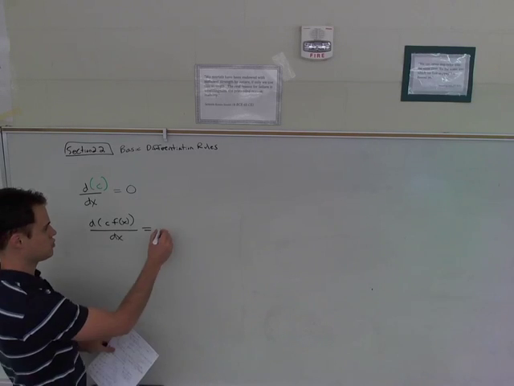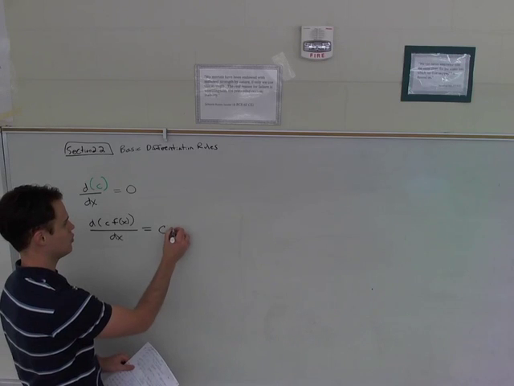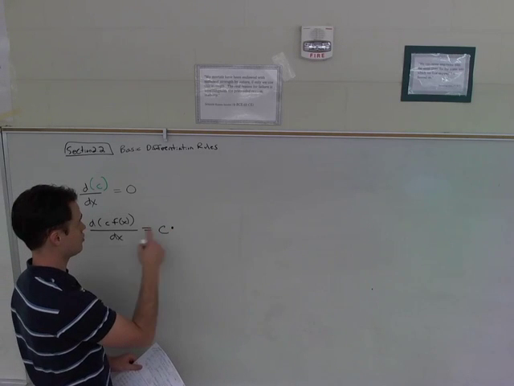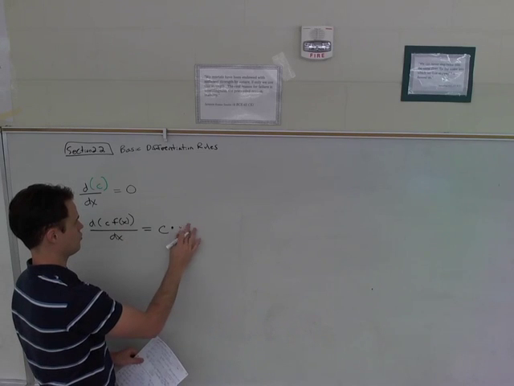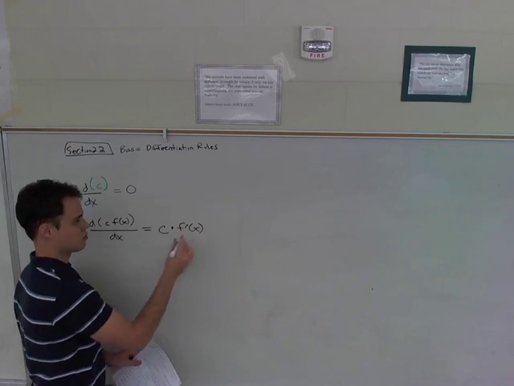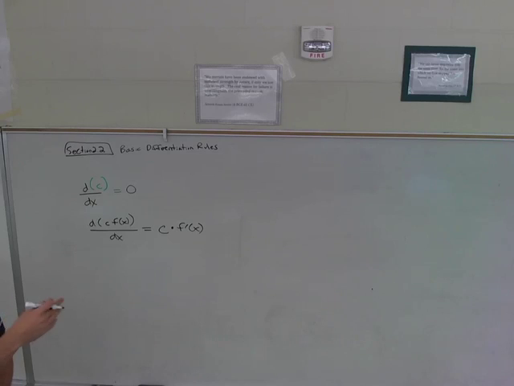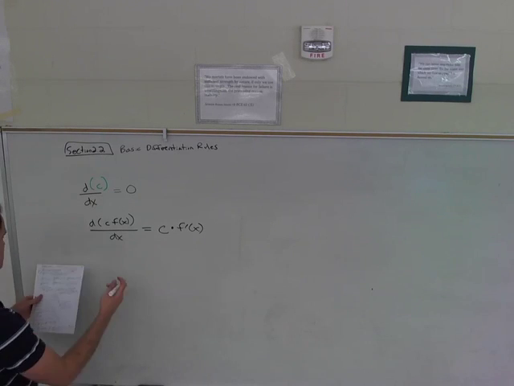You pull the c out in front, and then you multiply by the limit of f. So I'm going to multiply by f prime of x, the derivative of f. See, I'm switching between notations there. It was nicer to write it that way this time, wasn't it? So you'll see me start switching between notations.